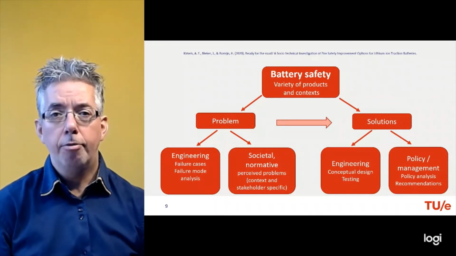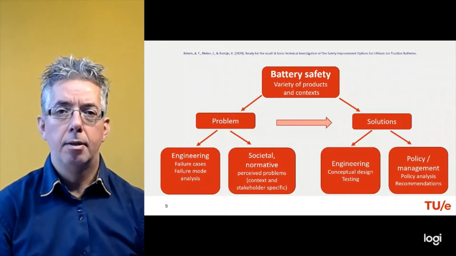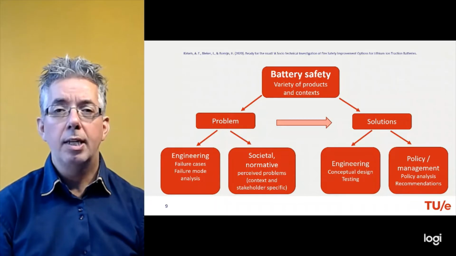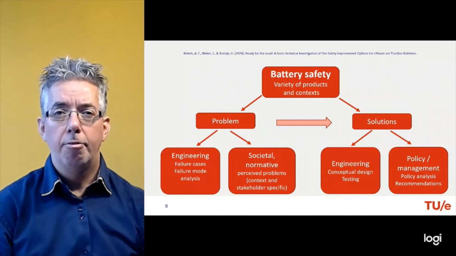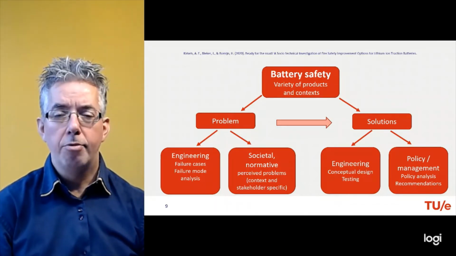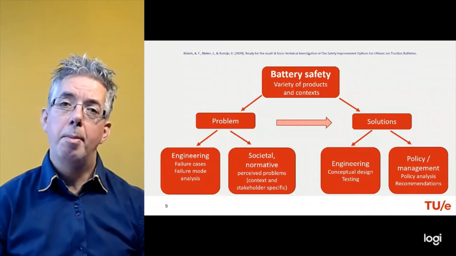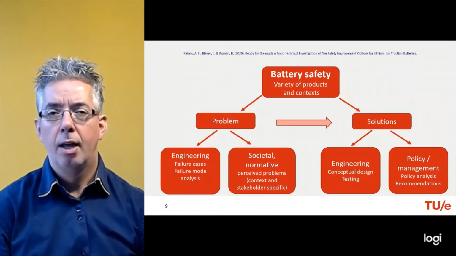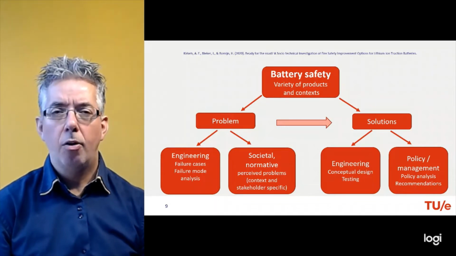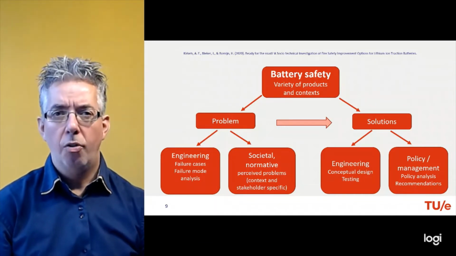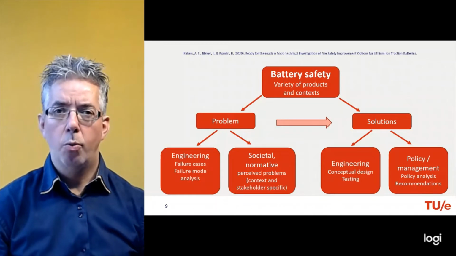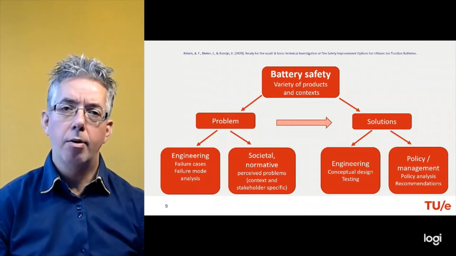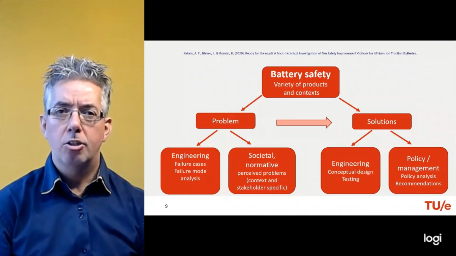An example of a conceptual framework you can see here. This research is about battery safety in a variety of products. And that research focused on both problem exploration as well as exploring potential solutions. And it did so by building on different fields. On engineering knowledge, so what makes the batteries fail or how can you prevent that, as well as social knowledge.